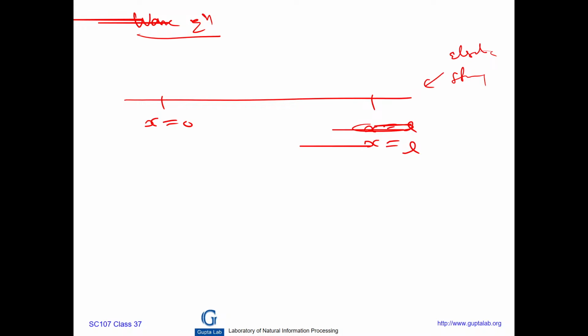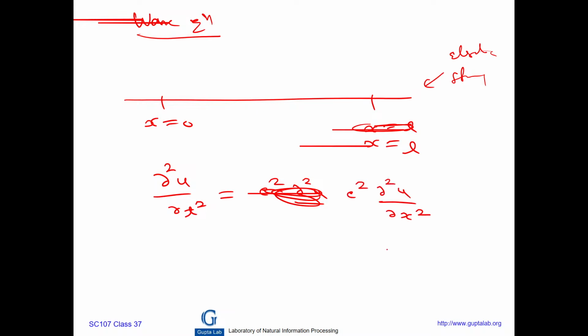And that vibration can be modeled through this wave equation. Okay, so model is given as del square u over del t square is equal to c square times del square u over del x square. This is one dimensional, right? And t is positive. x is between 0 and L, the length of the string, right?